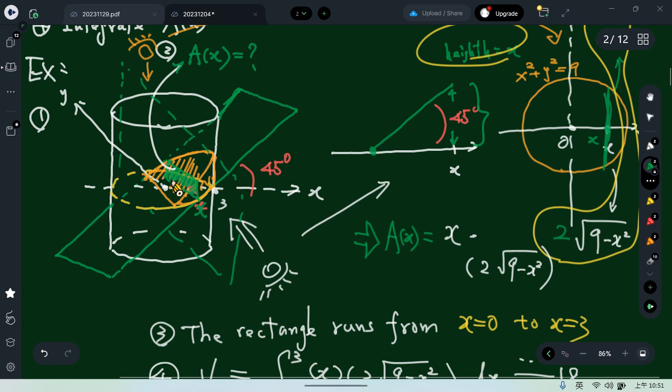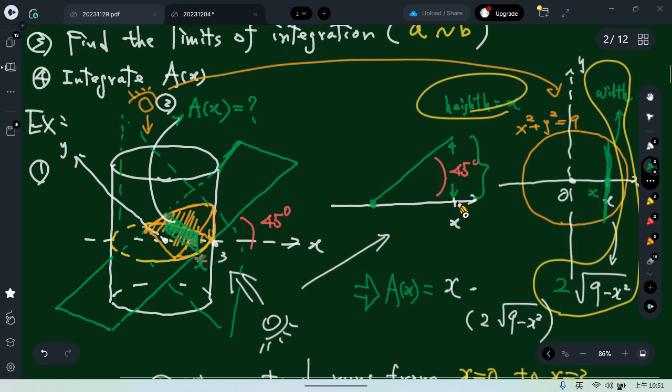If we want to calculate the area of a rectangle, we need to know its width and its height, right? So how can we get the width and height? Two perspectives. One is from this perspective. When x is here, when you cut, your height should be x, right?